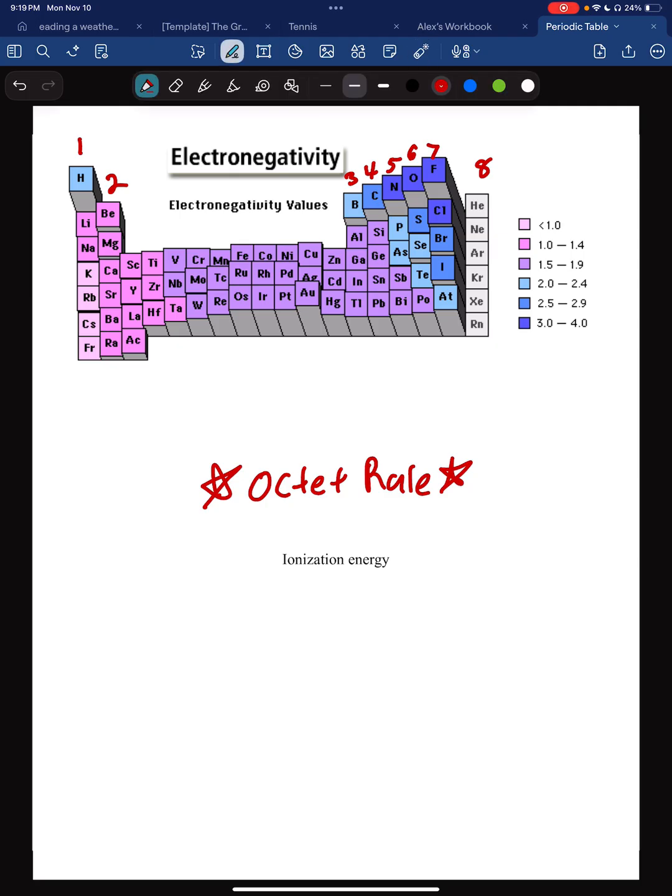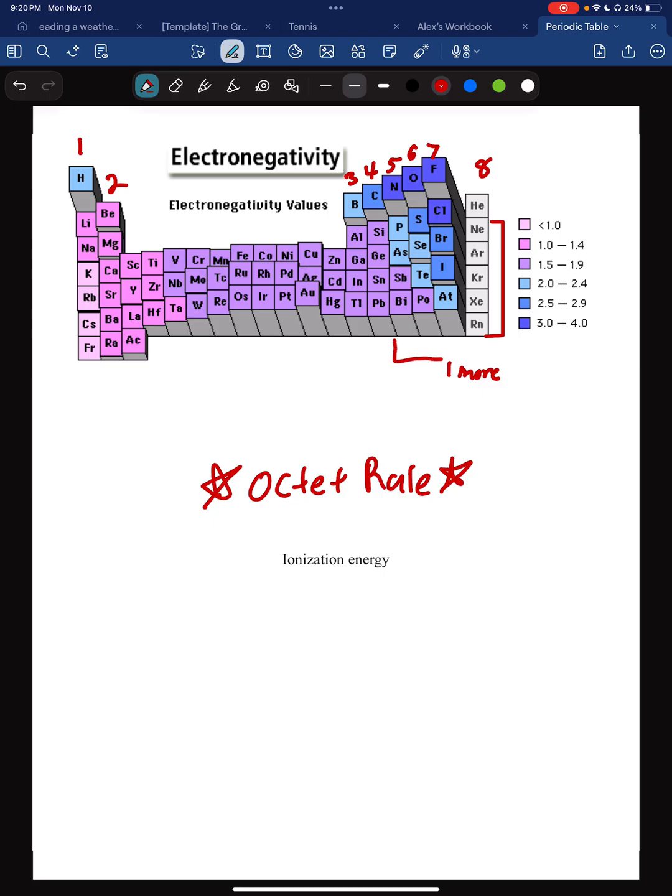They want to take electrons, because if they take electrons, they only need one more electron. If they get one more electron, they're going to end up like our noble gases, and that's what they want to get to. So these guys have very high electronegativity because they want to take.